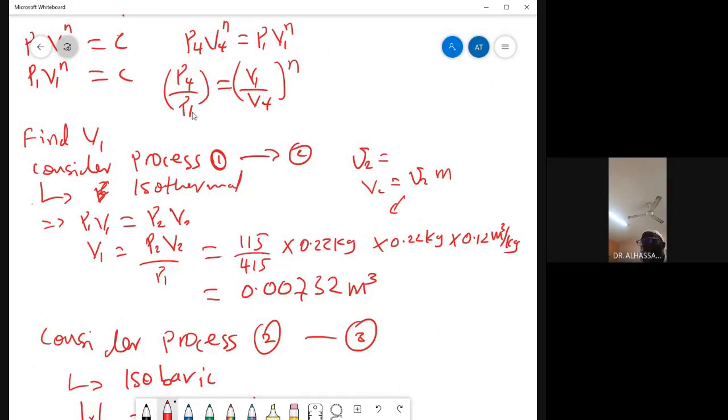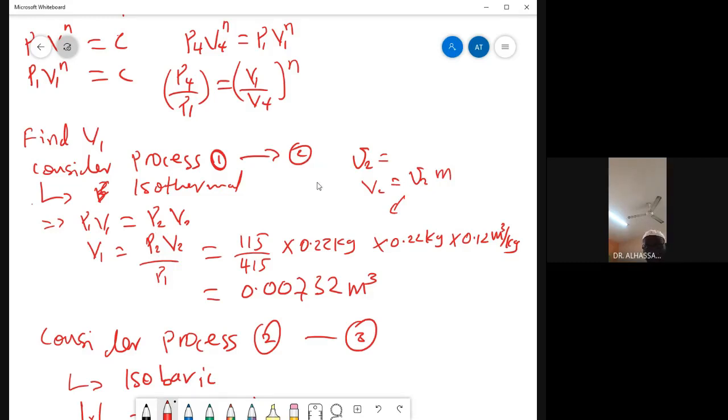V1 we know already, P1 we know already. The final pressure, P4, is also known already. Yes, P4 is also given. The final pressure is 0.262 bar. So we can use this equation to determine the value for n now.